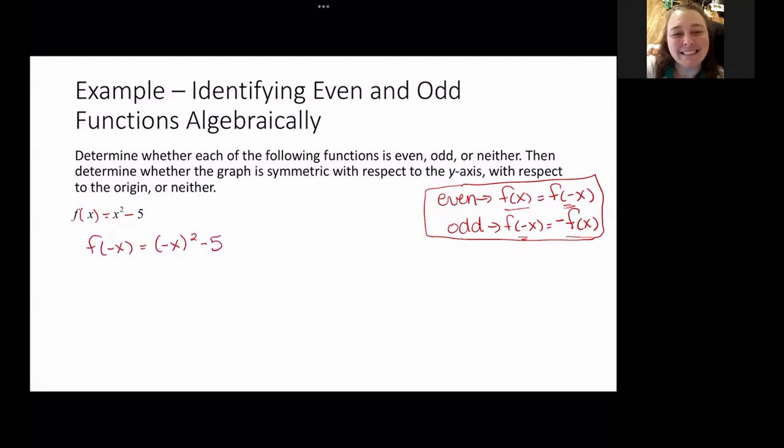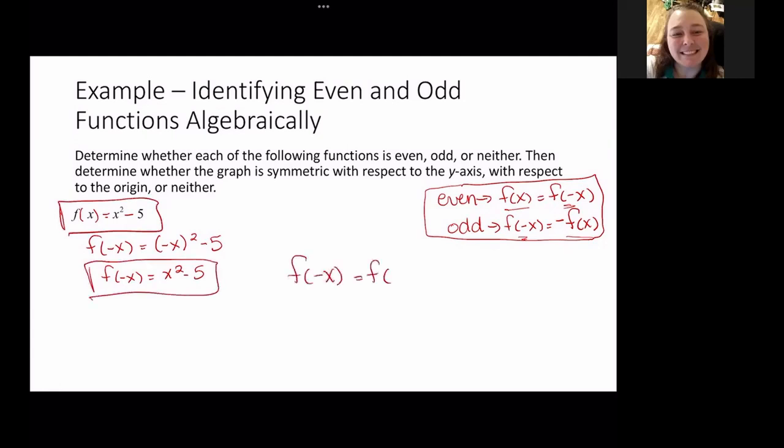Now, negative x squared is the same as saying x squared. So f of minus x is going to be equal to x squared minus 5. Now, if we look, f of minus x is equal to f of x. Now, let's look at our rules in our box and see what that means.